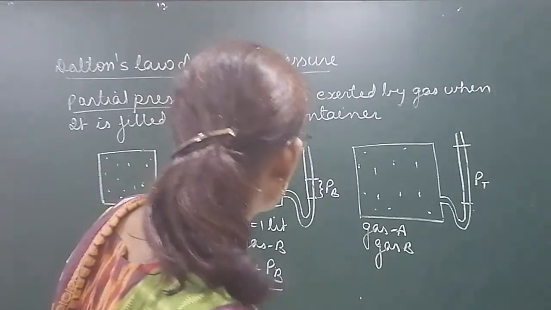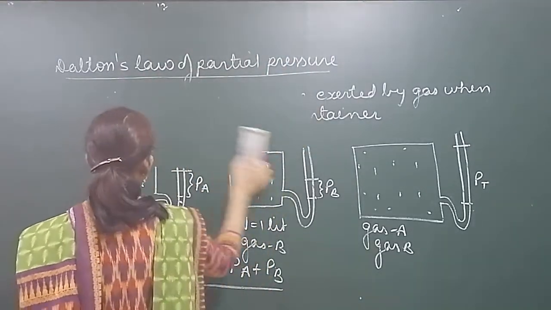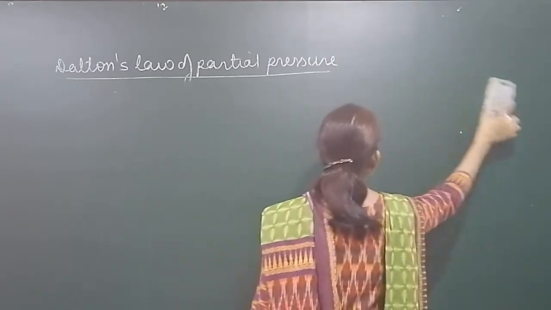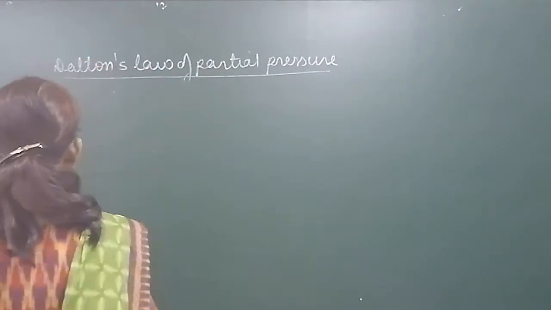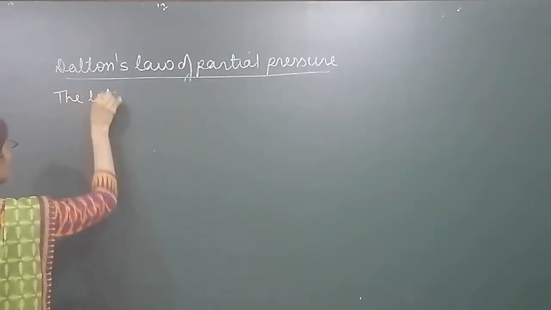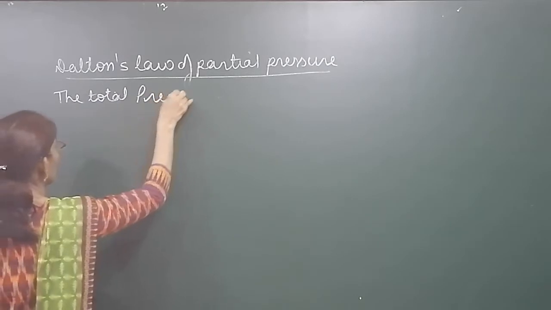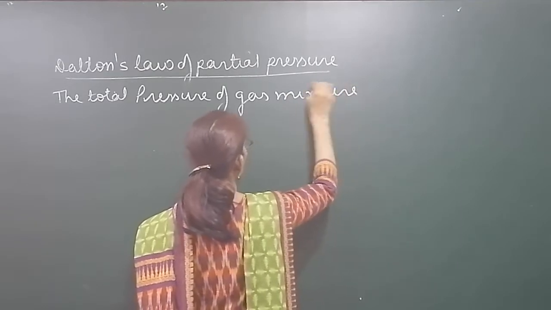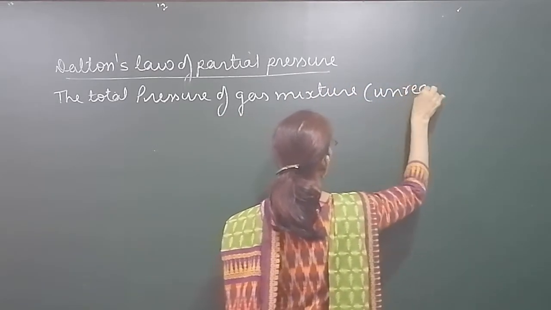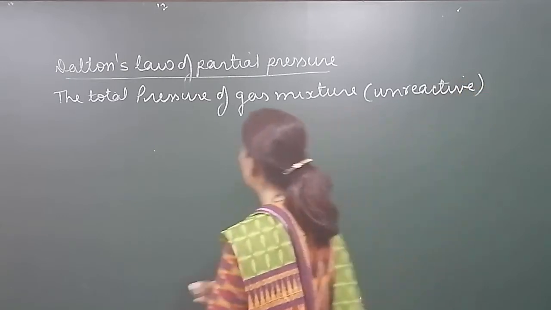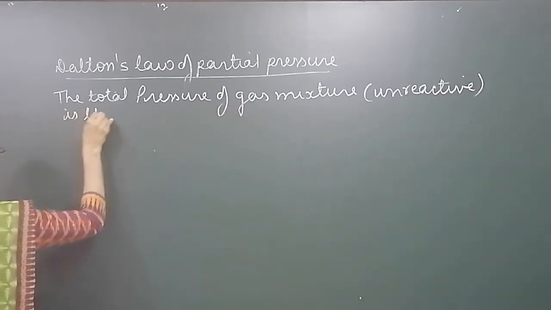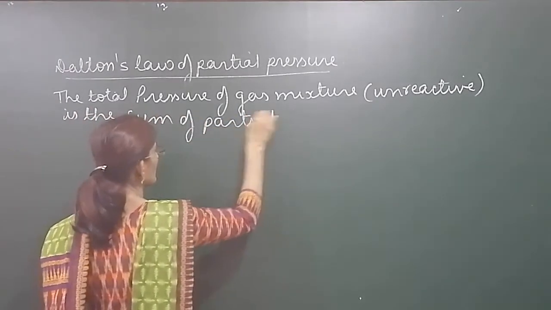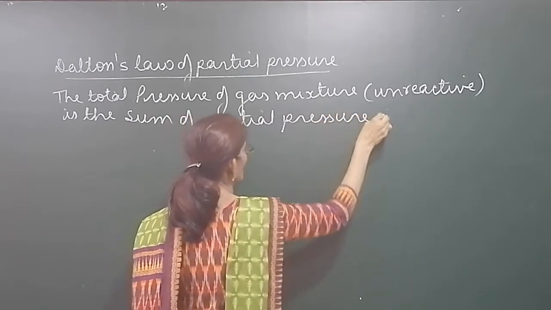What is Dalton's law, students? The total pressure of a gaseous mixture of unreactive gases is the sum of the partial pressures of the individual gases.